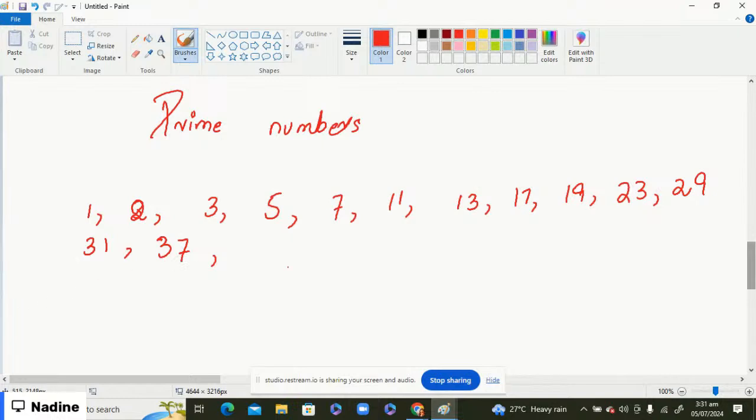These are the numbers which are only divisible by themselves and 1, no other number. That means these are called prime numbers.